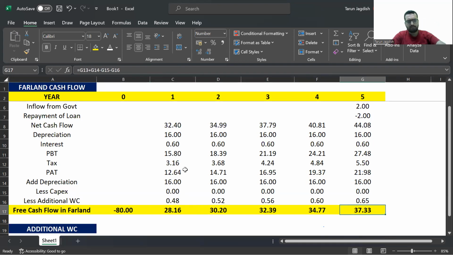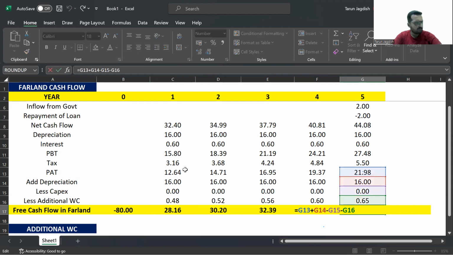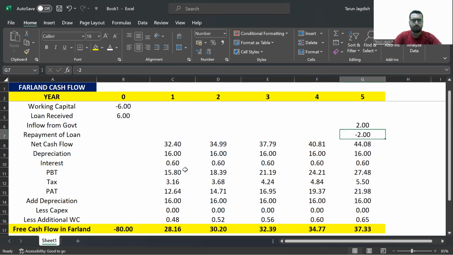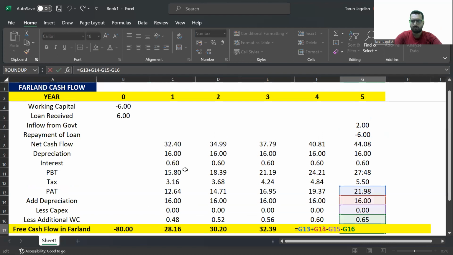Wait, last year there is a small collection also. Wait, apart from this, you have to repay the balance loan also, friends. See, what happens in the last year is you have to repay the entire loan. You cannot just repay 2. So I'll have to repay 6 over here. So the formula would be whatever I've got over here plus I will receive this 2, minus I have to pay 6.